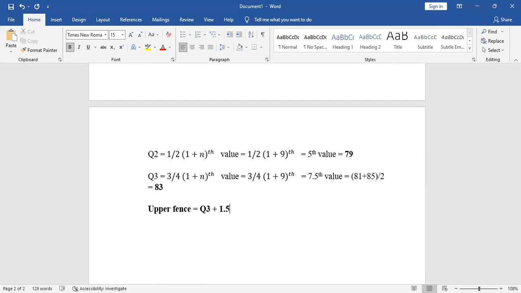Q3 plus 1.5 multiplied by the interquartile range. The interquartile range is given by Q3 minus Q1.